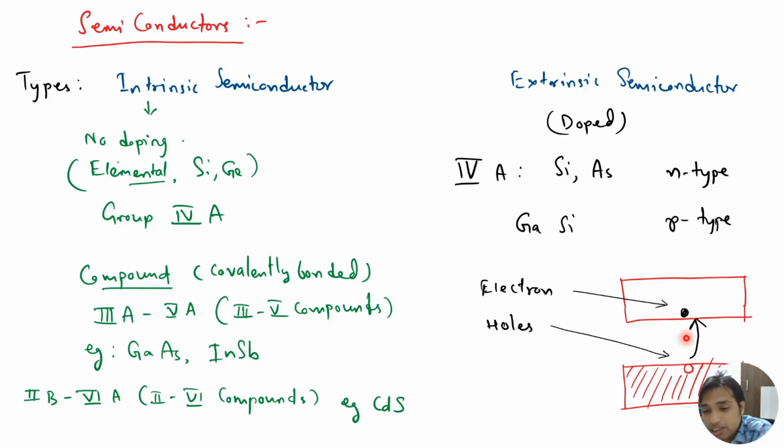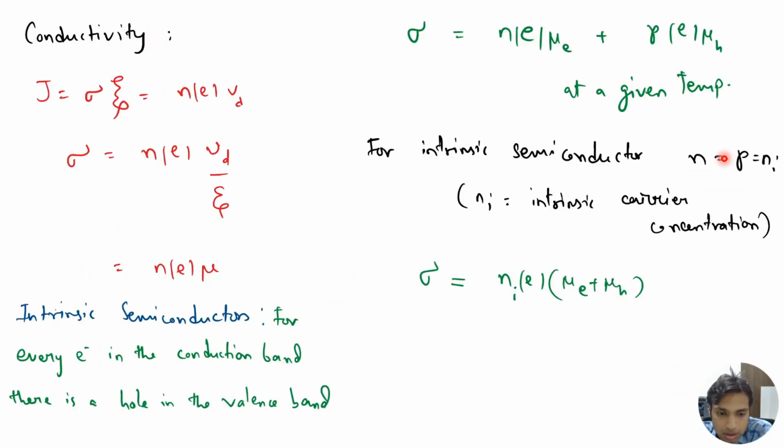In p-type semiconductors, the majority charge carriers are holes, and in n-type semiconductors the majority charge carriers are electrons. So we know this. We know that J is equal to sigma E, where sigma is your conductivity, E is the electric field, and J is your current density.